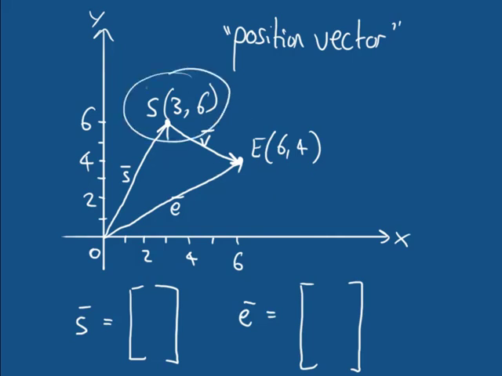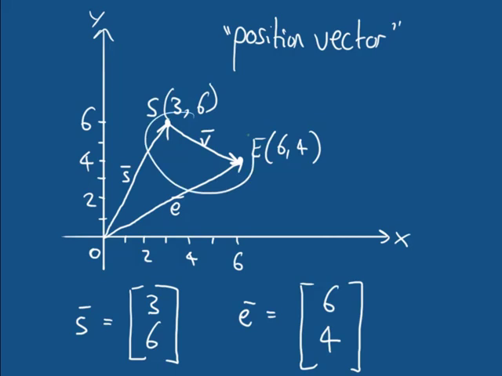We wanted a vector that goes to the point S, so the components of our vector S are going to give us the coordinates of point S. So we have 3 in X, 6 in Y. Again, if we start at the origin and we travel 3 units in X, and then up 6 units in y, we're going to get the endpoint of our vector, and we know that that is our point S. And our vector E is going to give us the coordinates of point E, so it's going to be 6 in x and 4 in y. So we've got a vector that's going from the origin up to point S, and we've got a vector that's going from the origin up to point E.